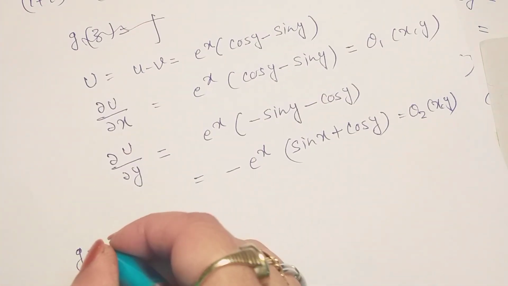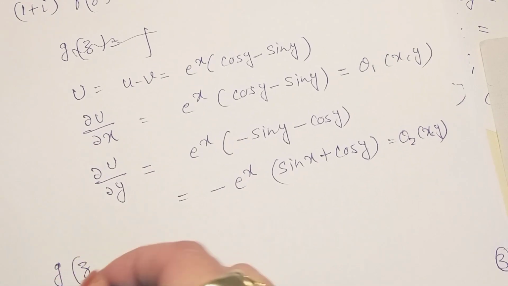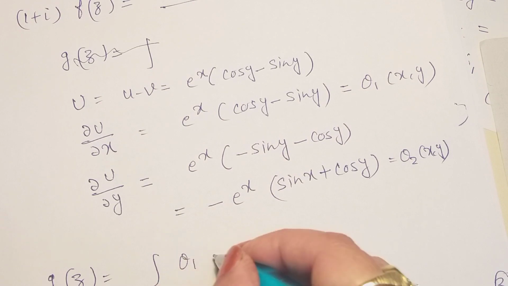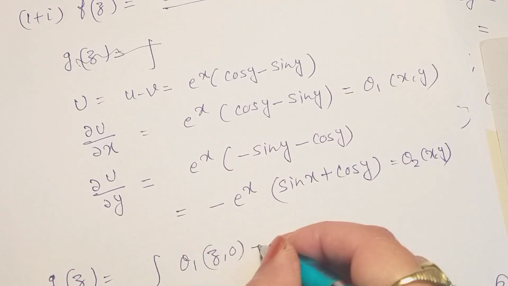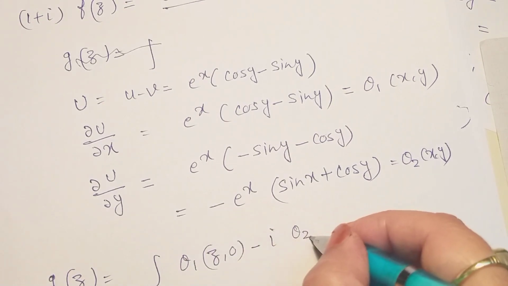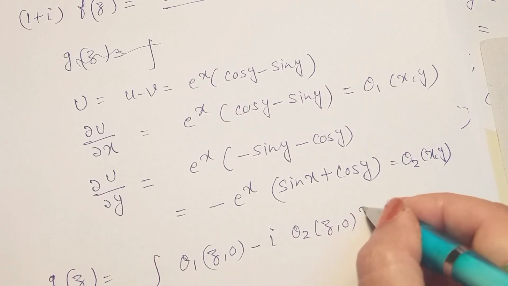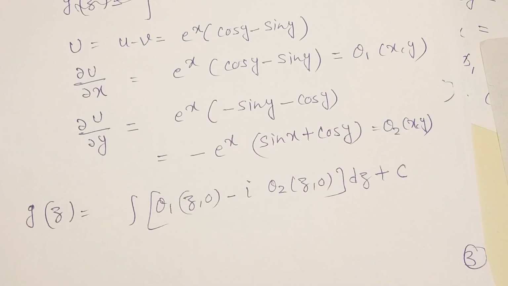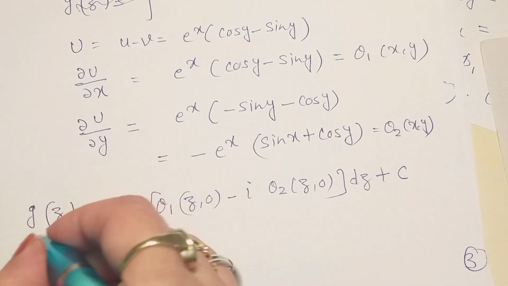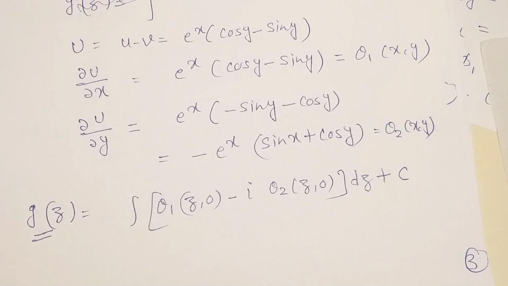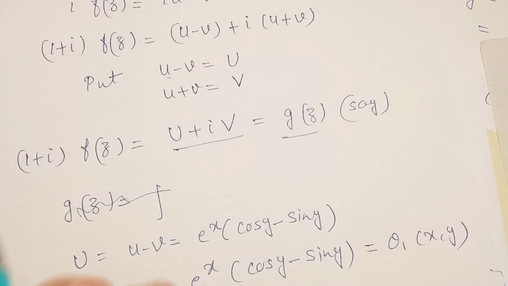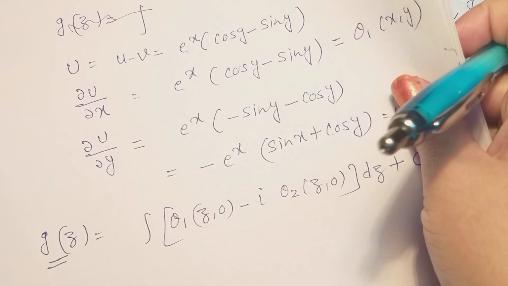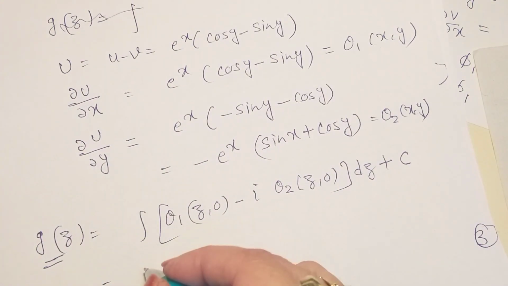Then g(z) is equal to integration of theta 1 (z, 0) minus iota theta 2 (z, 0) dz plus c. We are applying Milne-Thomson method on this new function g(z), which has been defined as 1 plus iota f(z).